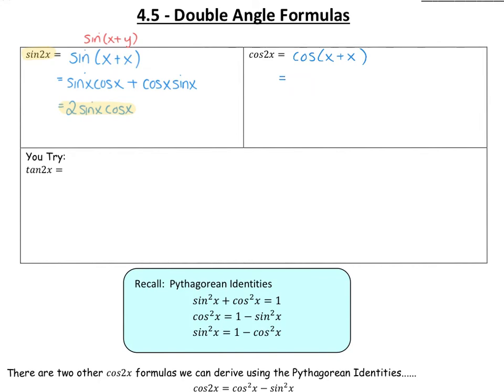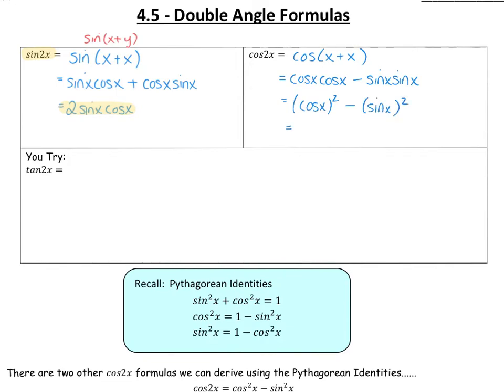The angles are just the same. So that would give me cos x cos x minus sine x sine x.